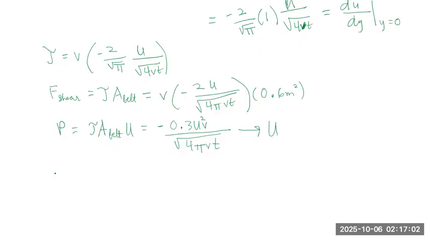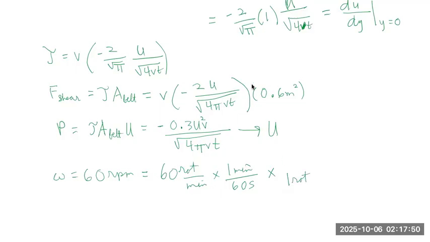Basically, omega is equal to 60 RPM, which is equal to 60 rotations per minute times 1 minute over 60 seconds, times 1 rotation over 2 pi radians, and this is equal to 6.28 radians per second.